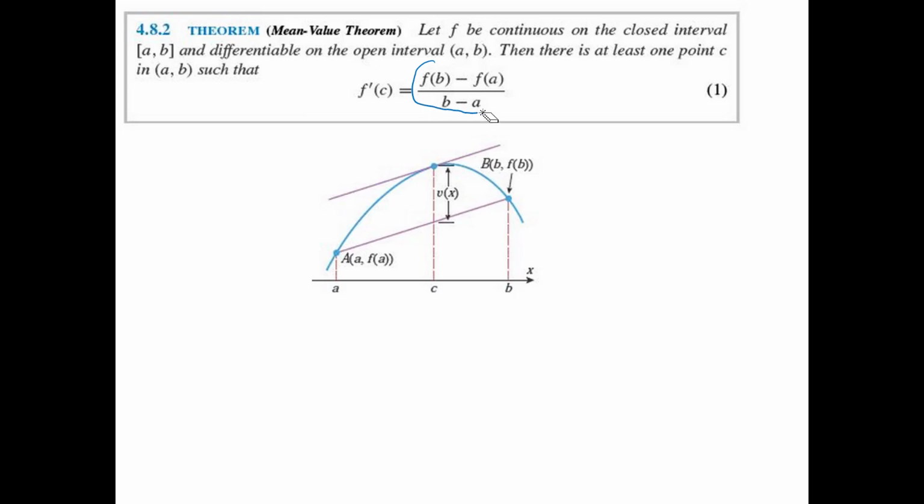In chapter 1 we talked about this a lot. F of b minus f of a all over b minus a is just the slope of the secant line. And what f prime of c gives you, as we've been using over and over in this class, is the slope of the tangent line.